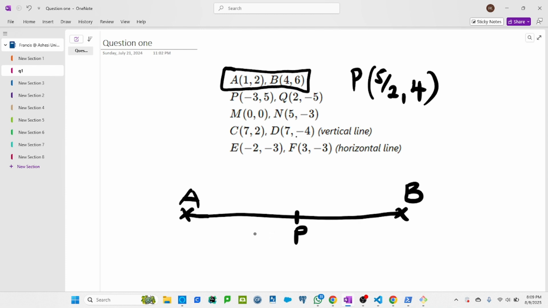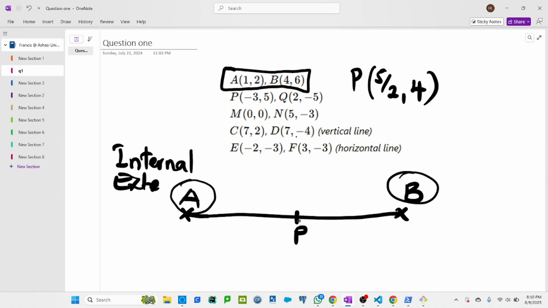So we can have 2 types of division, right? You can have internal and external. Internal means that the point is located between A and B. So A and B are the borders, and the point that is dividing them is found between them.